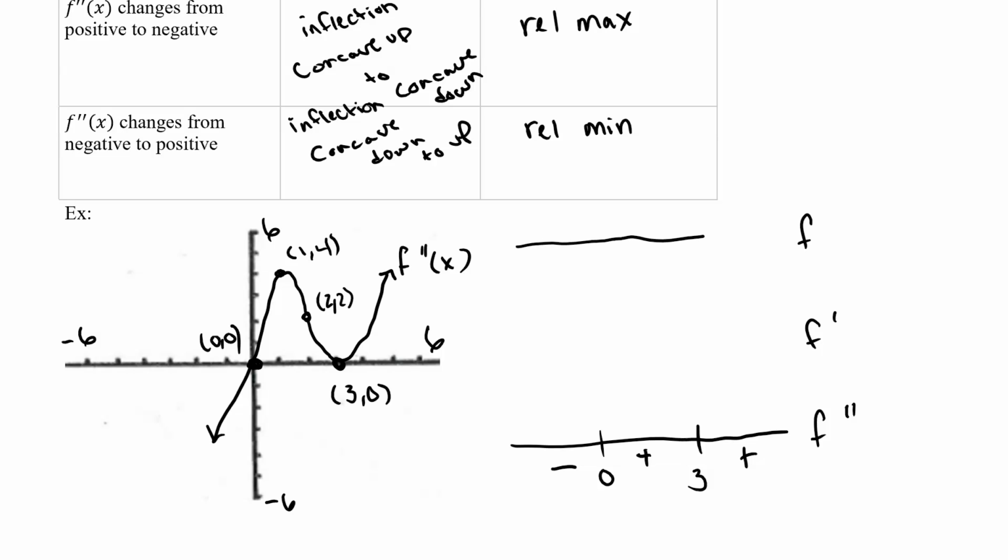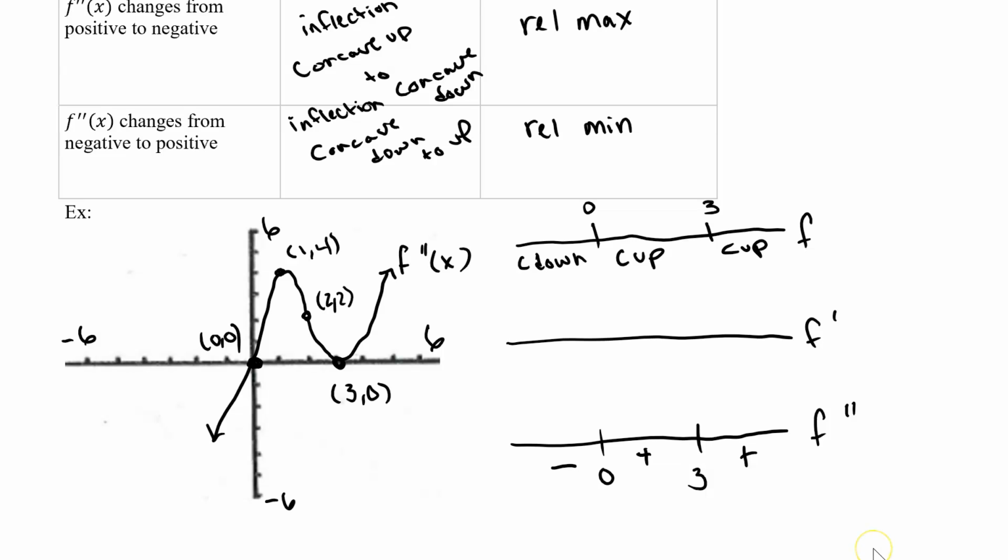So what does that tell me about my original graph? Well, if I'm thinking about 0 and 3, I'm going to have concave down and concave up. Since the second derivative is the slope of the first derivative graph, we know we're decreasing here, and then we're positive, so we're increasing.